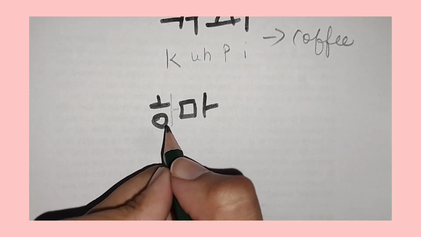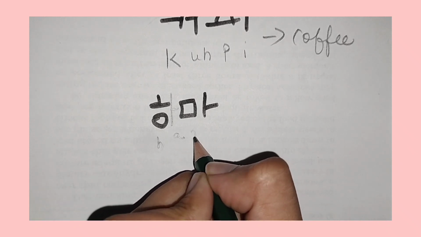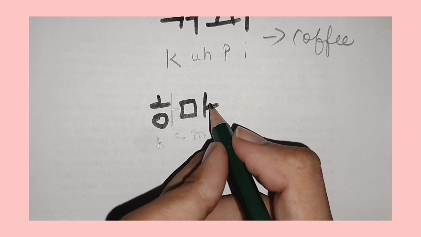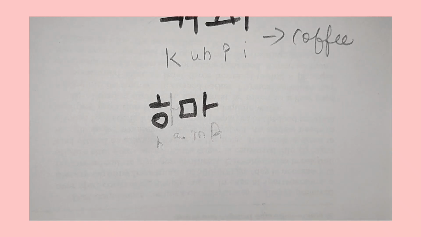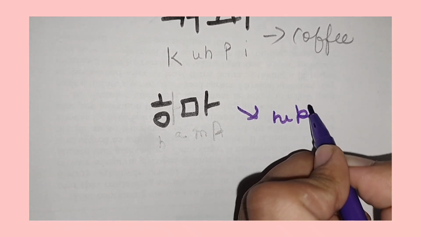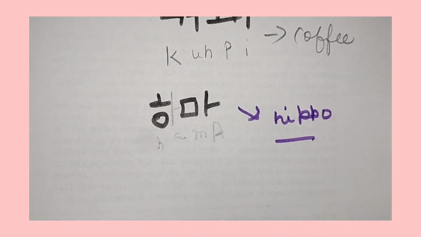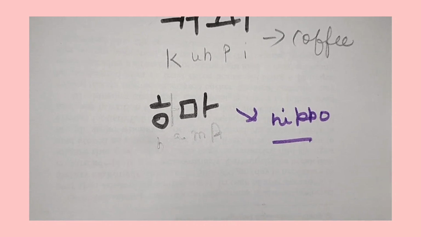So it's H, A, and the next one is Mu, and then A. Hama, and it means hippo, hippopotamus.